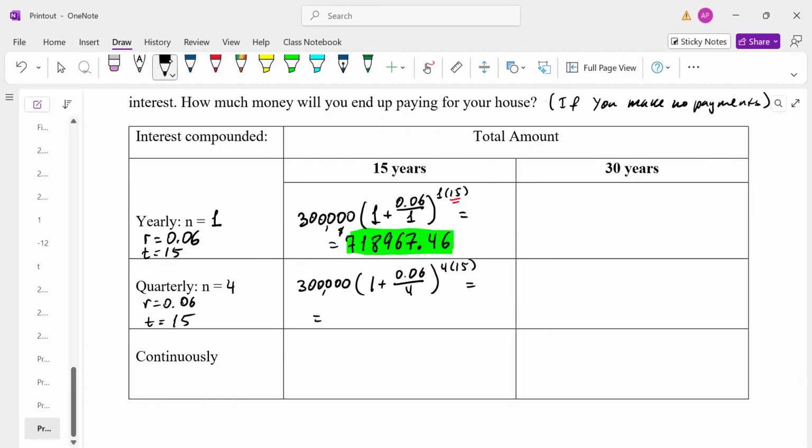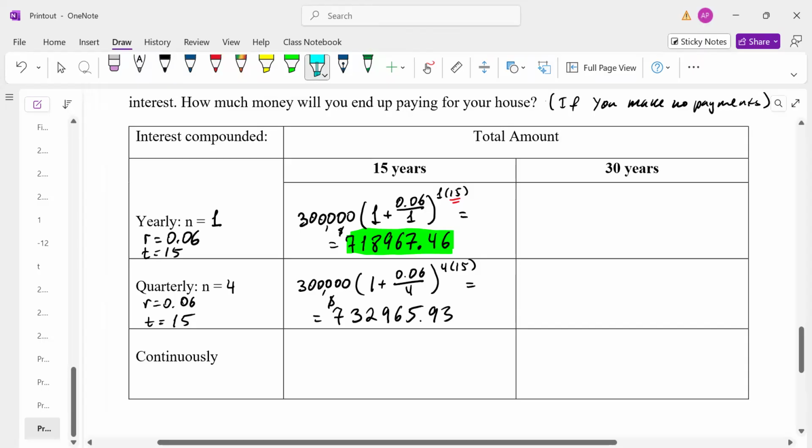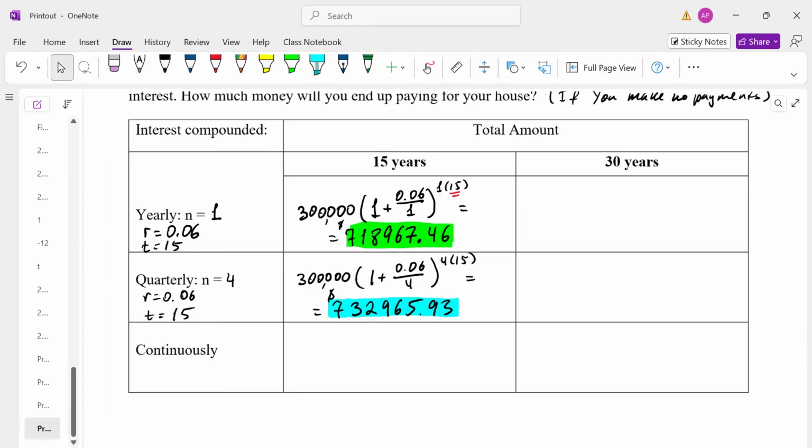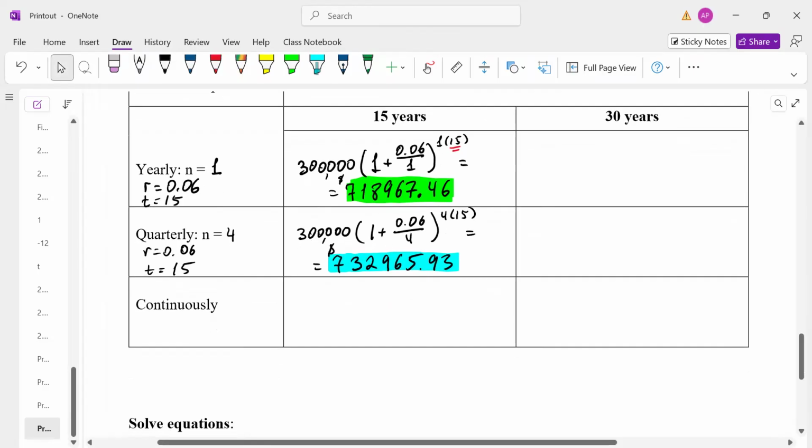And we're going to calculate that value. Now that value would be $732,965.93. Once again, that's assuming that you're making no payments whatsoever.